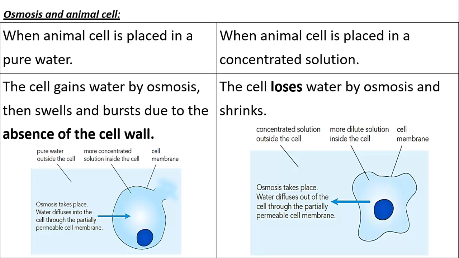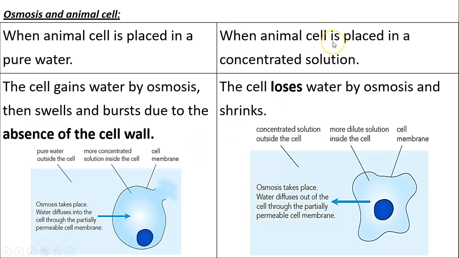So the water will keep going from outside of the cell to inside of the cell. And because the animal cell does not have any cell wall to protect it, it's going to burst, unfortunately. That's why animal cells are never left in water without protection.